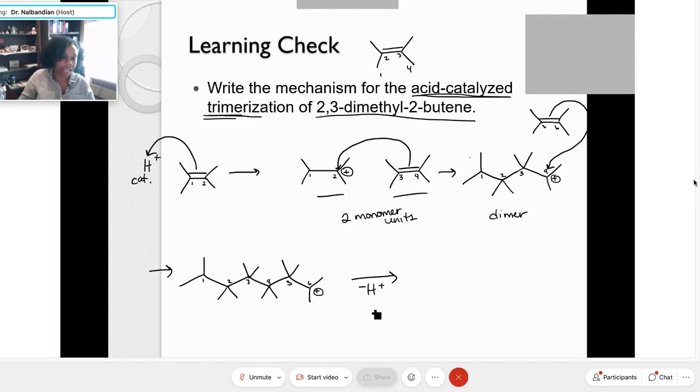That's what we do for our catalyst. Where can we deprotonate? Well, remember we look 1 carbon away from the carbon that has a positive charge. So if we go 1 carbon away, the only thing that we can do is one of the methyls. There's no hydrogens on carbon 5. So the only thing we can do is from the middle of the bond to the middle of the bond.